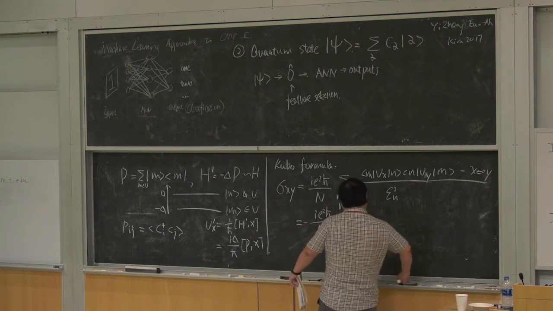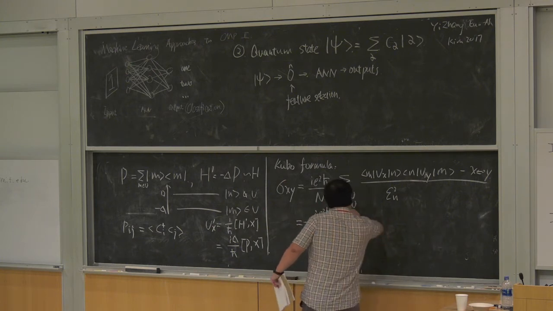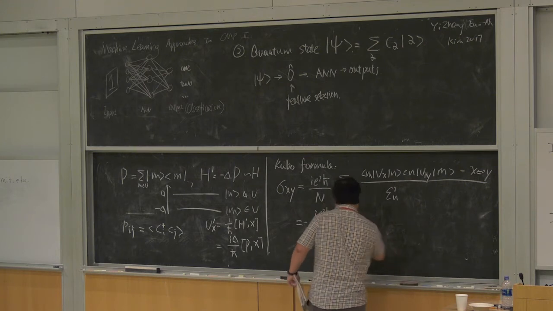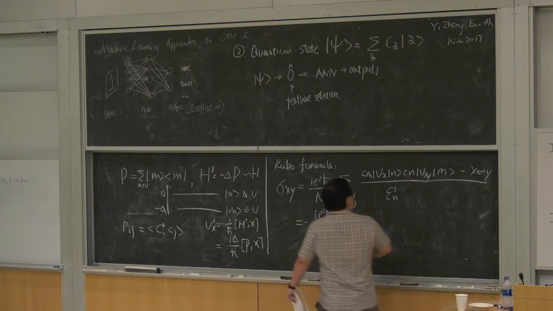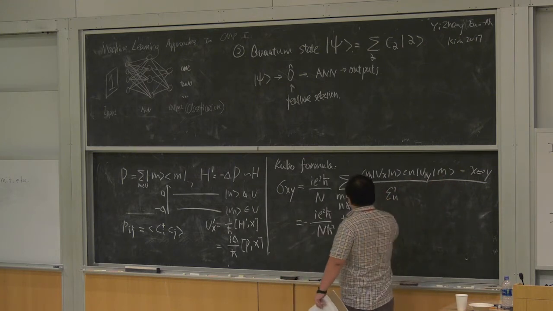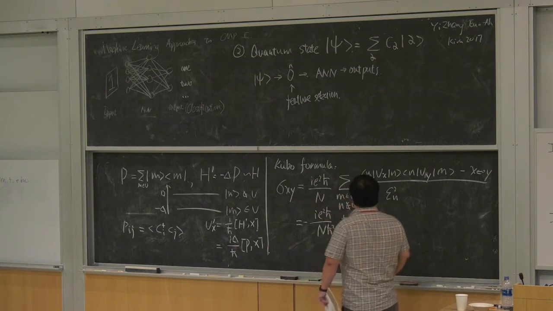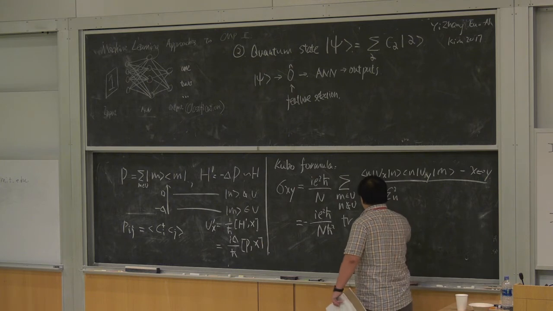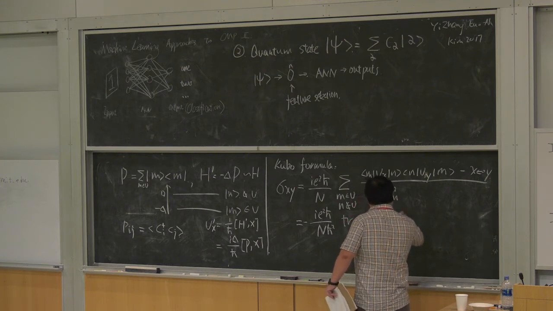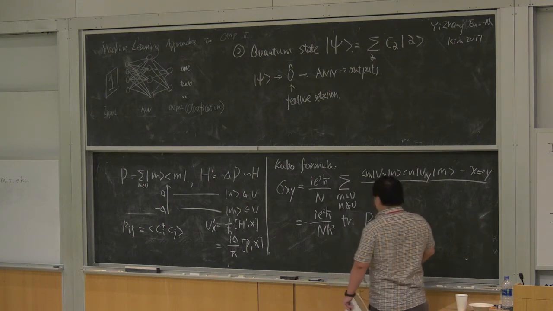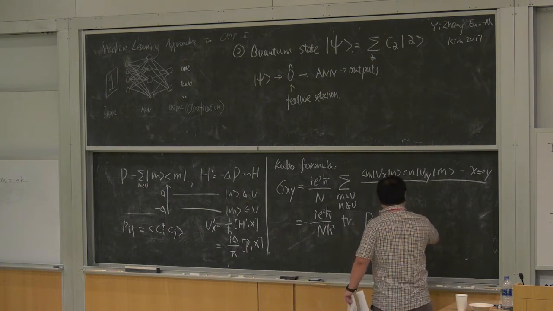Let me use a trace instead. For M, it's in the valence band, so it's a projection operator into the valence band. Then Bx, as we have shown, is just P x, times delta.